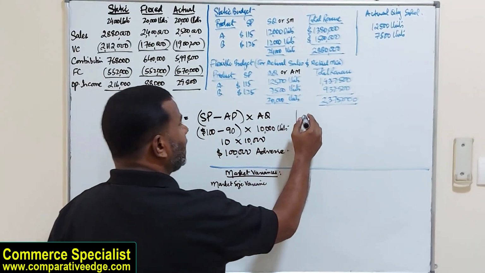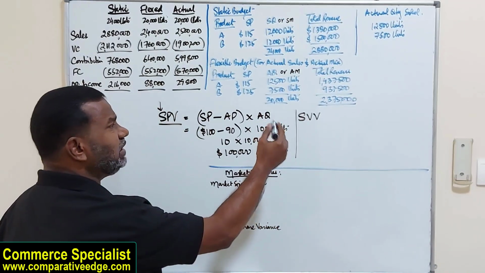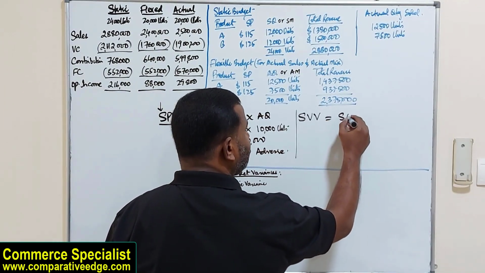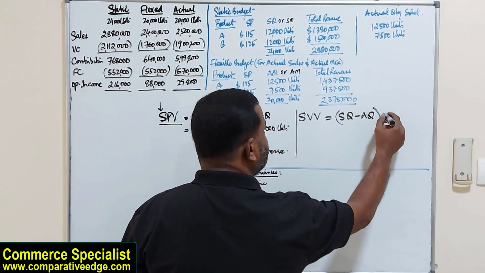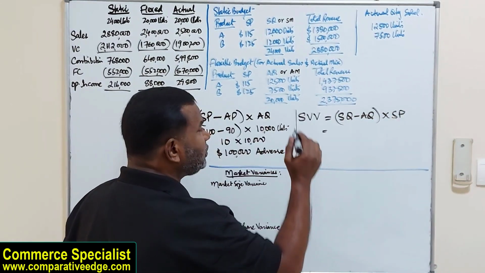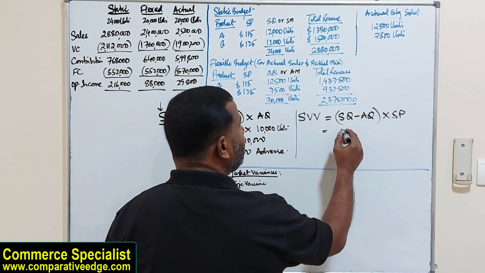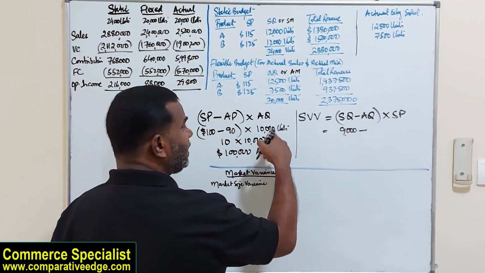Another sales variance is sales volume variance, or you can call it sales quantity variance. The formula is standard quantity minus actual quantity into standard price. Standard quantity is the quantity we wanted to sell. Let's say we wanted to sell 9,000 units, but in reality we ended up selling 10,000 units.